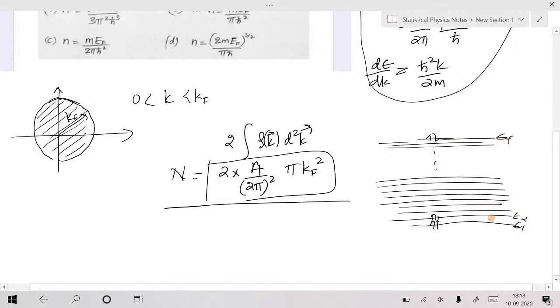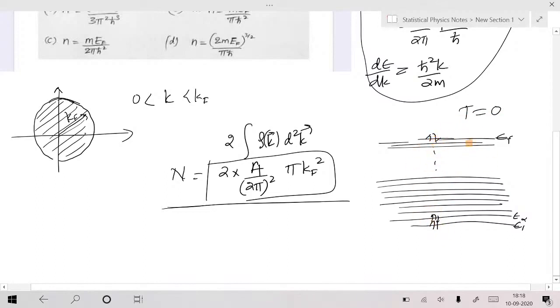Counting the number of states, including regions, you have to double it. So counting the number of states up to Fermi energy is equal to the number of particles at 0 degree Kelvin, the total number of particles in the system, because at 0 degree Kelvin states are completely occupied by the particles up to EF.